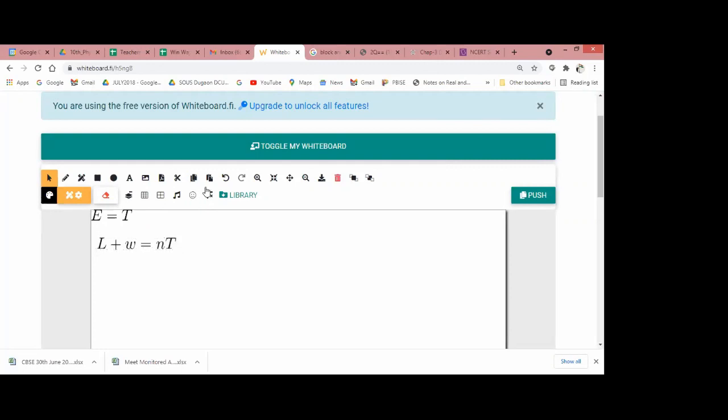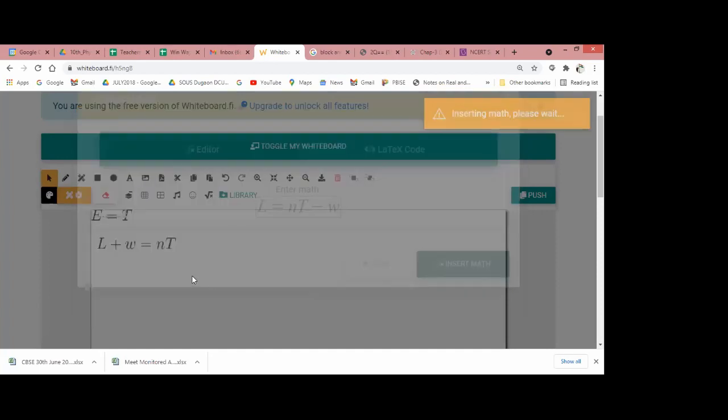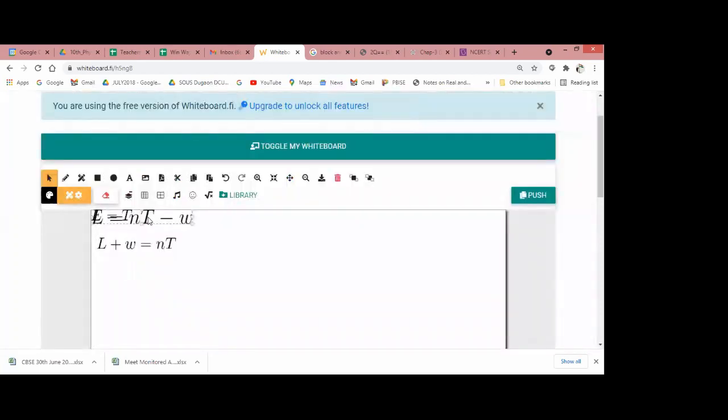If I want to only consider load, will it be nT minus W? That is minus the weight of the pulley system, of the movable block. Agreed? Yes, I have just taken W from one side to the other.